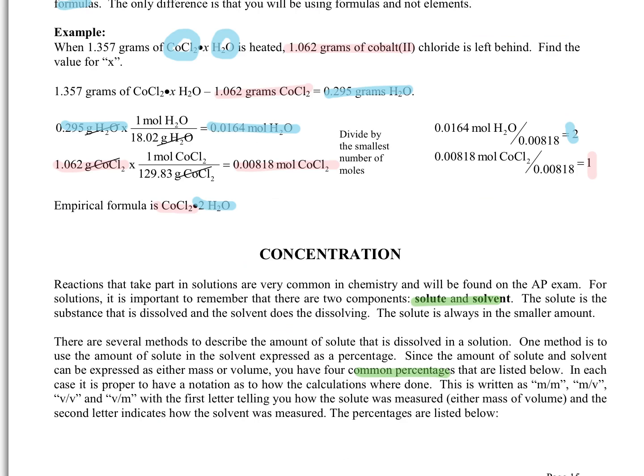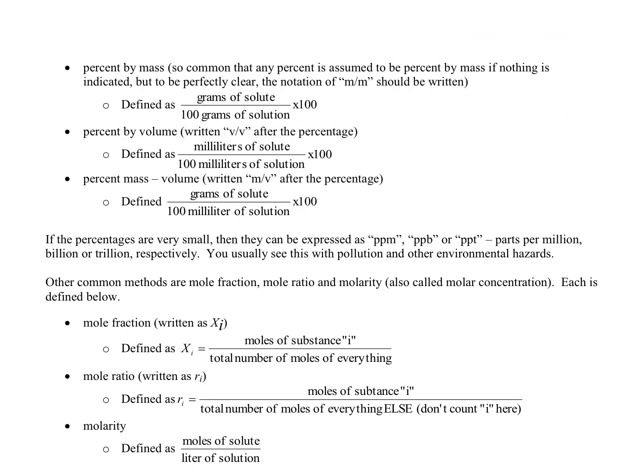Okay, but there are other ways, and we're going to briefly cover those, such as percentages. There are 4 percentages that use concentration. We'll look at the next page. We have percent by mass, percent by volume, and percent mass.